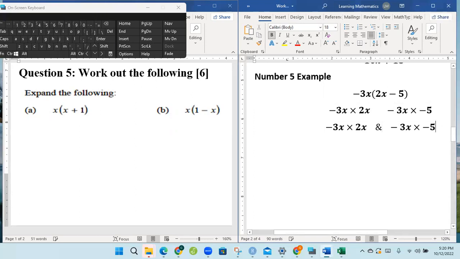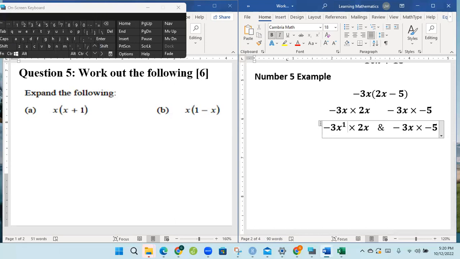The negative times a positive is a negative. So that's going to give us negative 6x squared. Be very careful, because this is x to the power of 1, and this is x to the power of 1. If you don't see a power, there's a power of 1. And when you multiply letters, you add the exponents, you add the powers.